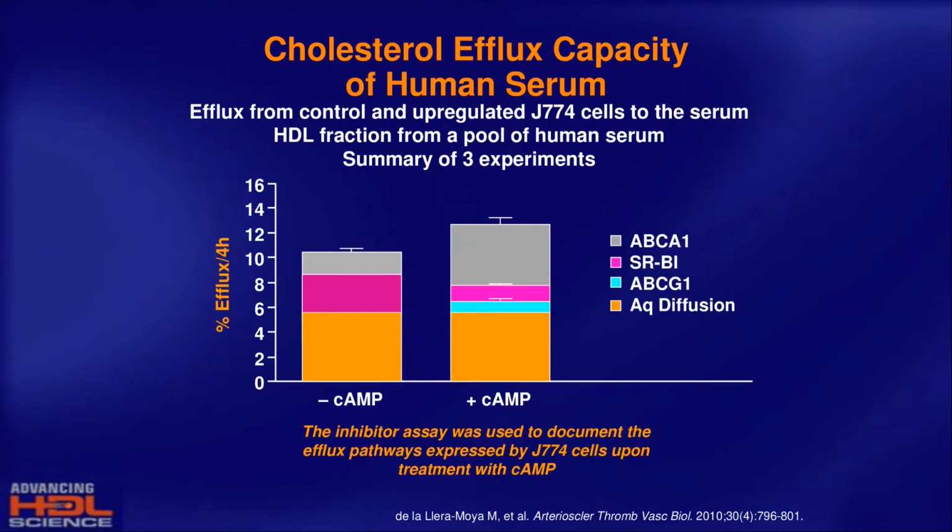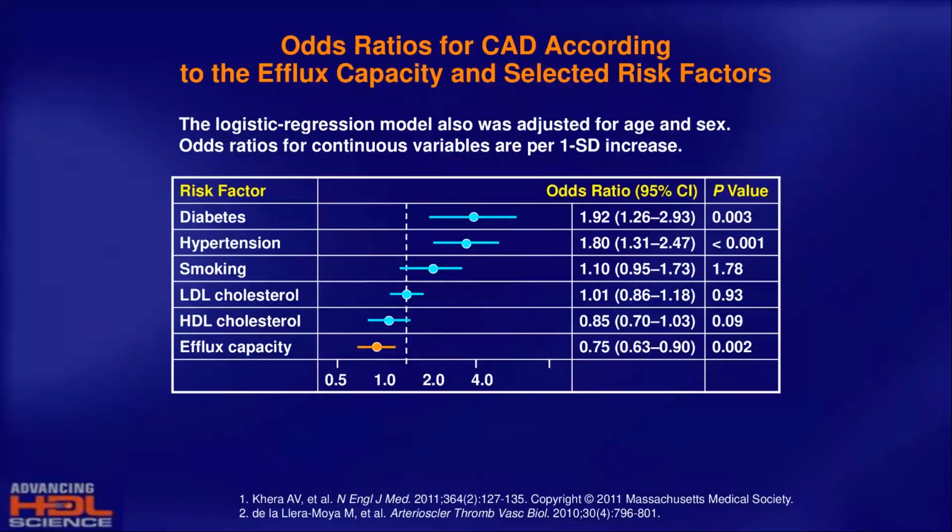In the study led by de la Llera-Moya, we can see that cyclic AMP increases predominantly the ABCA1 mediated efflux, decreases SRB1, so more is coming from ABCA1, with no effect on diffusion, and maybe a minor effect on ABCG1. And that's why they use cyclic AMP.